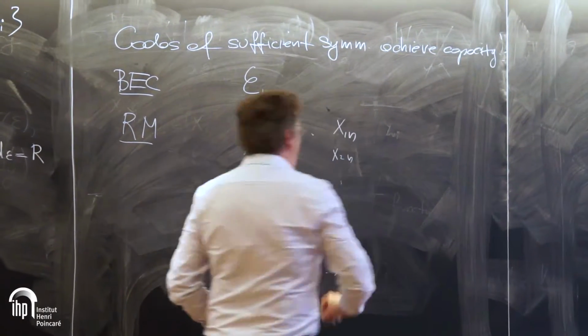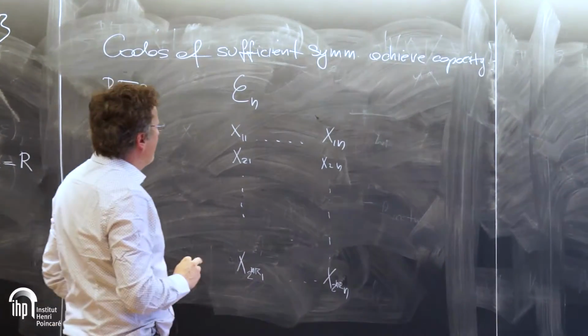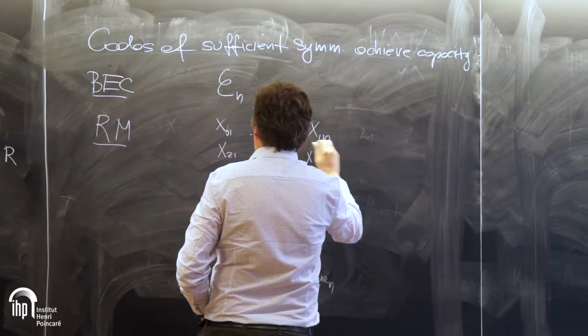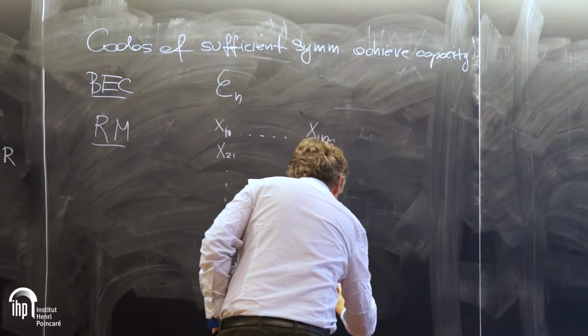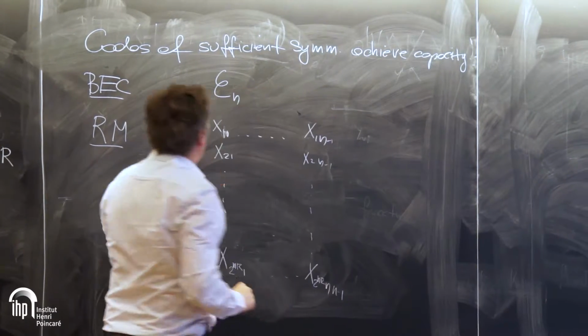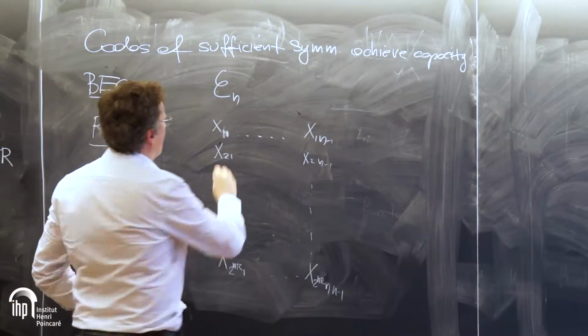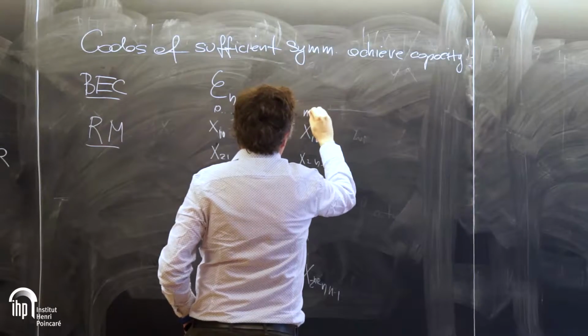Okay, so you write down all these code words in a gigantic table. Maybe not ideal, I should have started with 0 and gone to n minus 1, just slightly easier. I'm just indexing the bits of the code word, so the position goes from 0 to n minus 1.